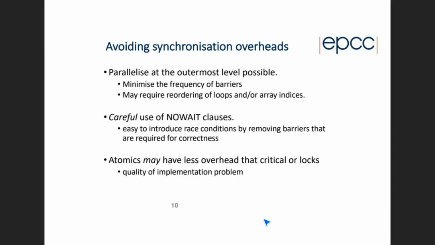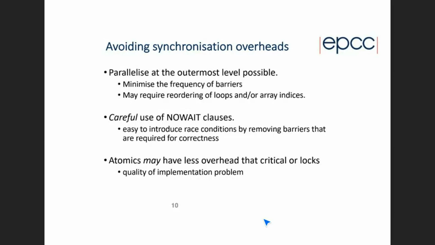Okay, so what can we do to try and avoid synchronization overheads? Well, we can think about exploiting the outermost level of parallelism possible, so that we have as large pieces of computation going on independently across threads before we have to synchronize. So basically parallelizing big blocks of computation rather than little ones.